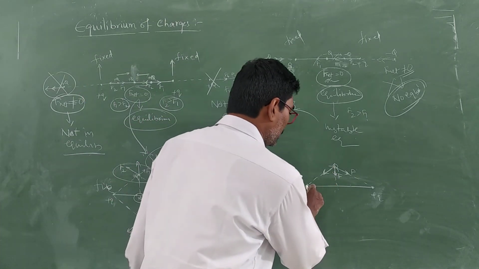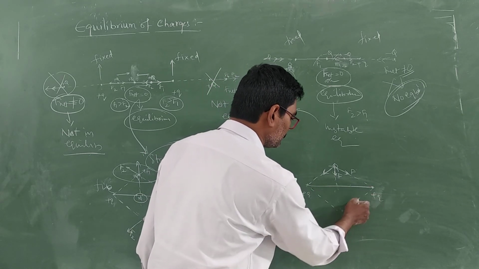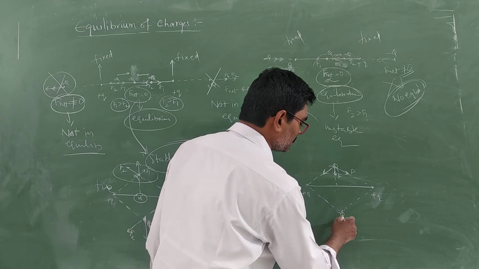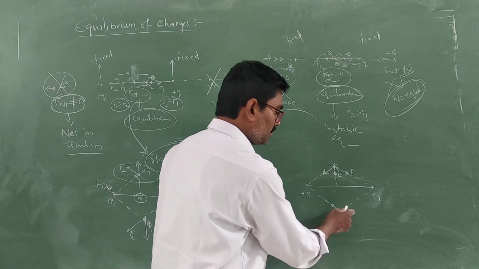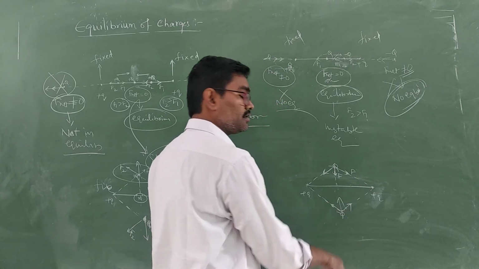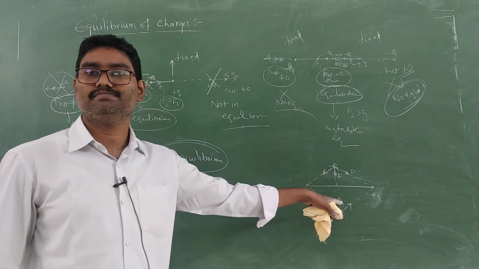Next, again, if I displace it from the mean position to the bottom side, the other side, it is the same. Here I will place minus Q. Then what will happen? This will pull in this way, even this will also pull in this way. The resultant will be upward, towards the mean position. So that means it is stable equilibrium. Understood?